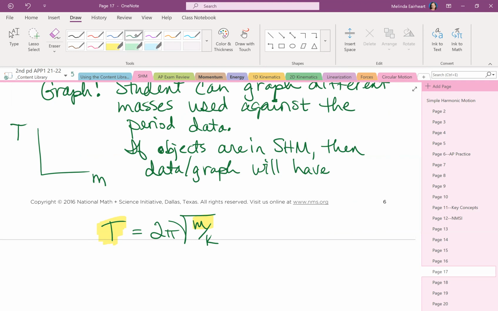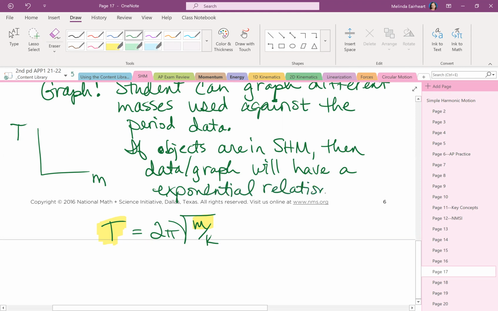Should it be a linear relationship? No. The bigger the mass, the bigger the period, double, double, triple, triple? No. So it should have some curvature. So if the objects are in simple harmonic motion, then the data will have a not curved relationship. What word am I looking for? Exponential. Exponential relationship. So it'll curve up.